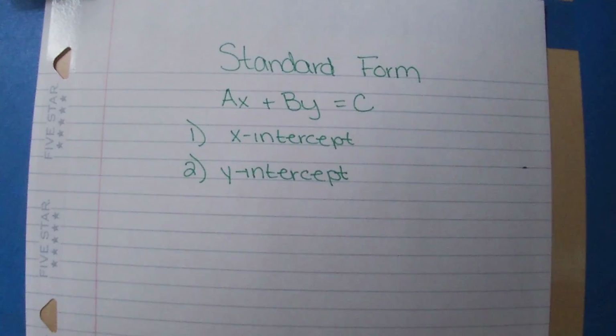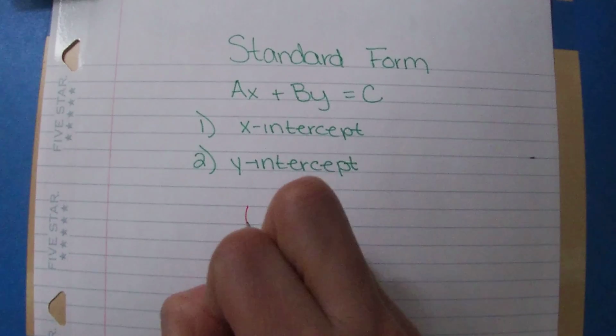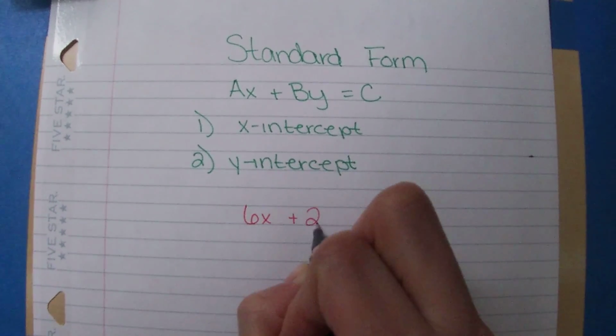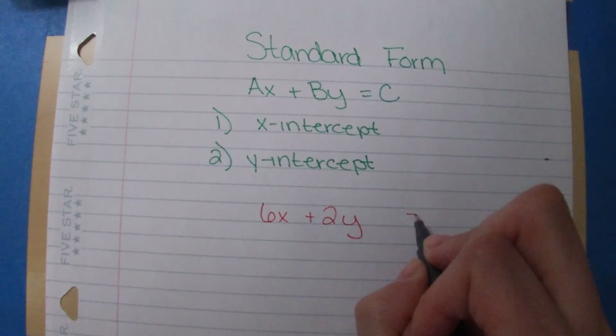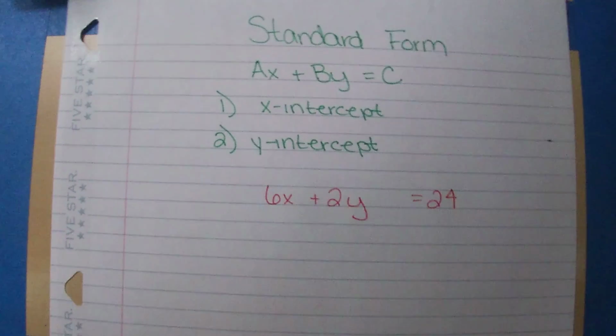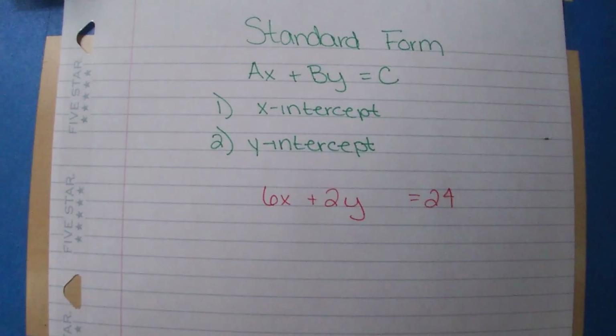When we are given something in standard form, we can find the x and y-intercept by doing some very simple division. So let's say we are given 6x plus 2y equals 24.